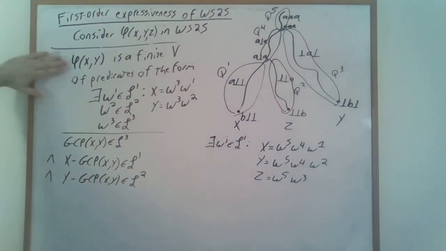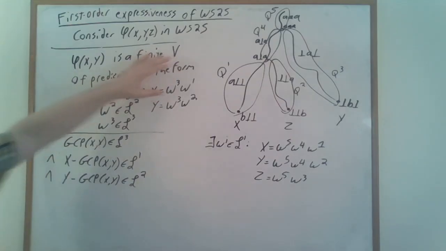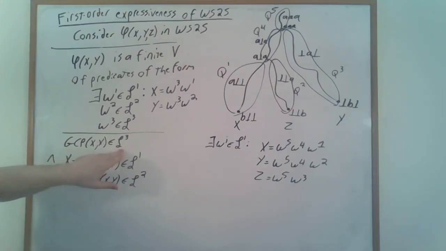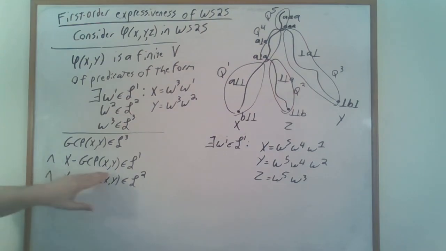And so we're able to write this predicate phi here as a finite disjunction, a finite OR of ANDs of things involving the greatest common prefix and x and y, and assertions that things fall into various regular languages, and also assertions that the difference between two things falls into a regular language.